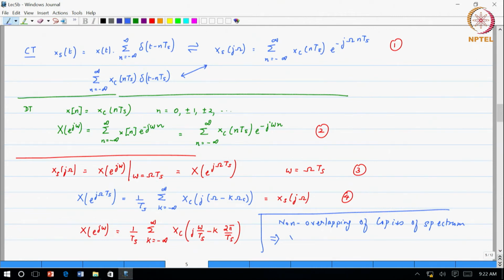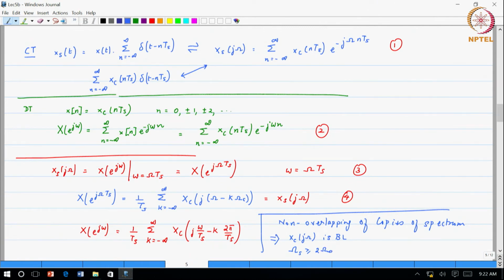The first thing is Xc(jΩ) must be band limited, right. If it was not band limited, anytime you have multiple copies, they are going to overlap, and we also must ensure Ωs is greater than or equal to 2 times Ω0, which is the band limit.